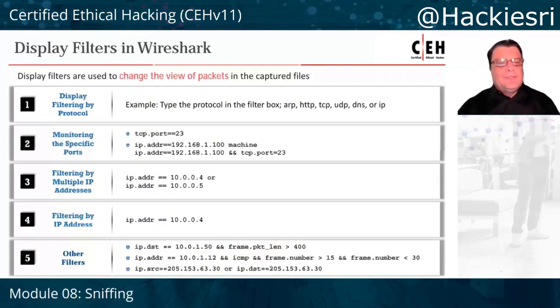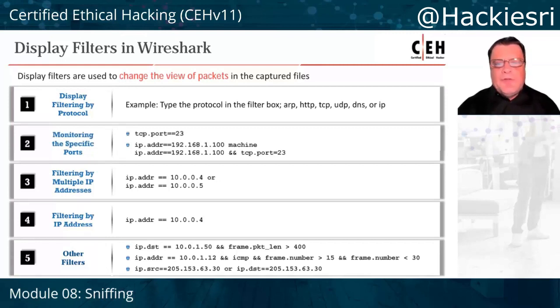Display filters in Wireshark include the following. Display filters are used to change the view of packets in the captured packets. As I said, proficiency in setting, resetting, calibrating, adjusting, or modifying these filters is very, very useful in Wireshark. So first we have display filtering by protocol.